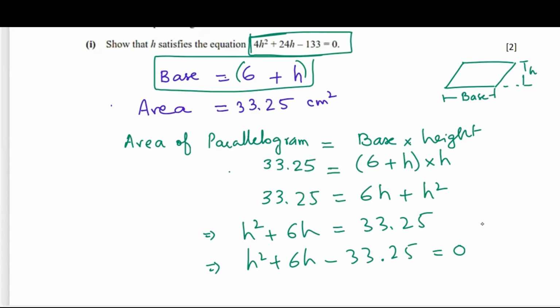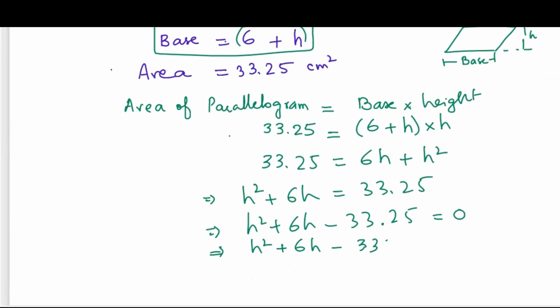So remove the decimal. h square plus 6h minus 33.25, or remove the decimal by multiplying by 100, or we can multiply by 100 to remove the decimal place.